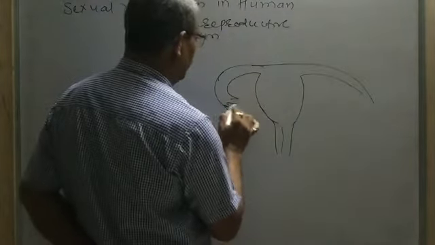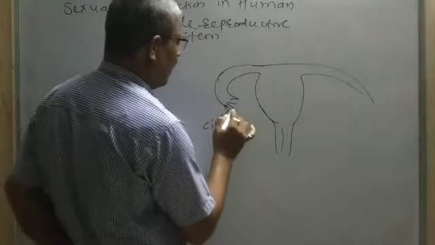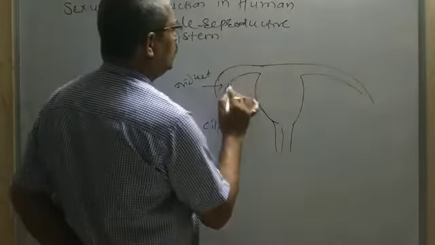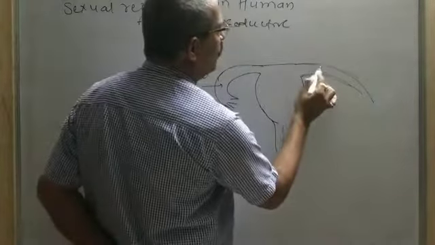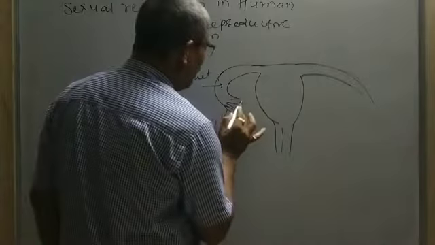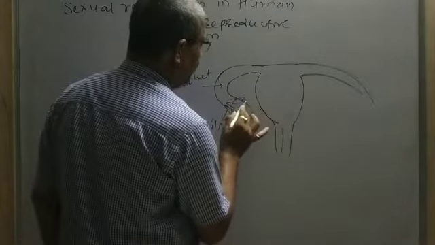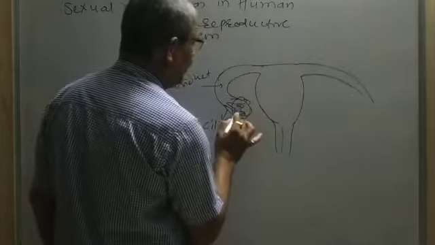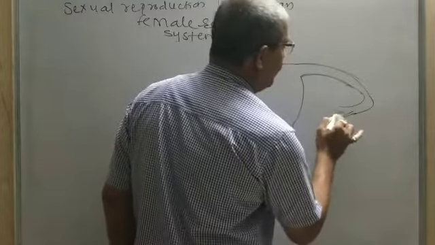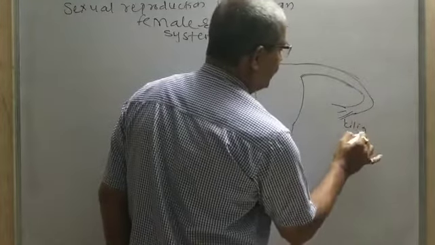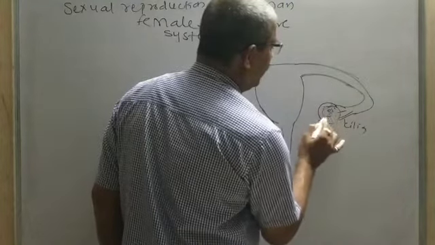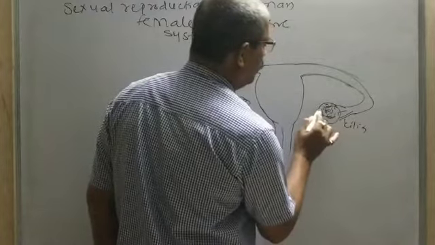In the female reproductive system, here it is the cilia. This part is called cilia, and this is the opening of the oviduct. This tube-like structure on both sides is called the oviduct, or the fallopian tube. Then here, a grape-like spherical rounded body is called the ovary. Also on this side there are a number of cilia, and near the cilia there is one circular body which contains a number of oocytes.